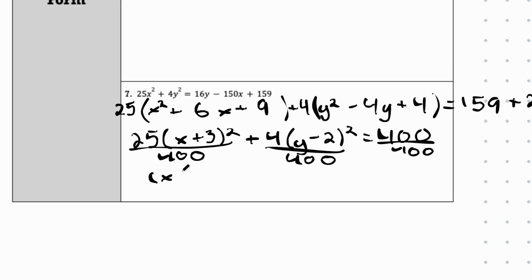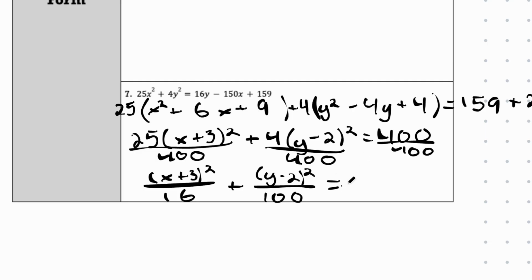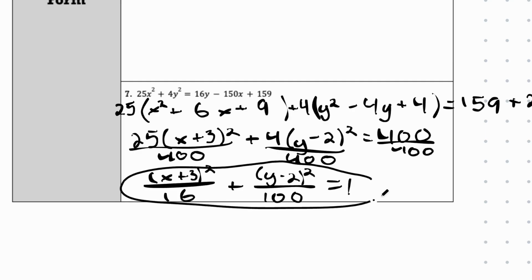So we do x plus 3 squared over 16 plus y minus 2 squared over 100, right? Because 400 divided by 4 is 100. That's going to be equal to 1. That's going to be our equation.